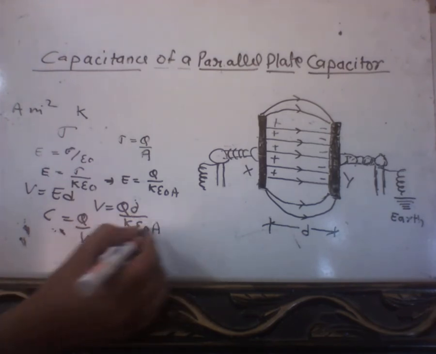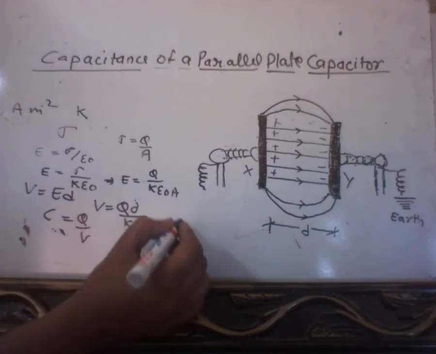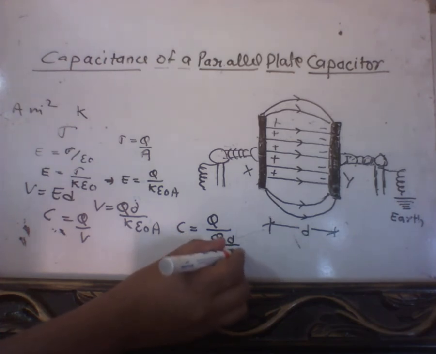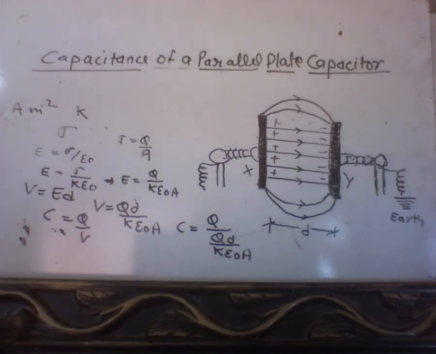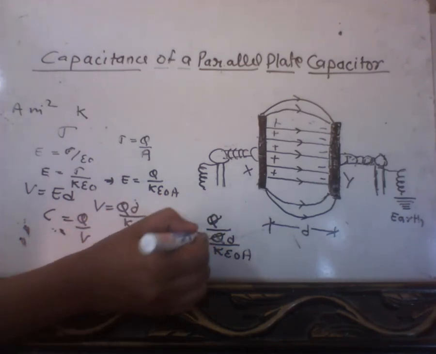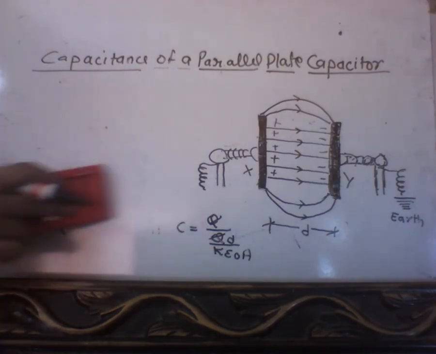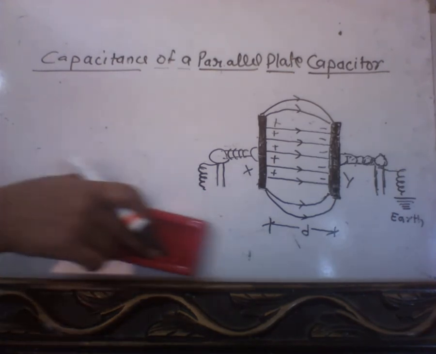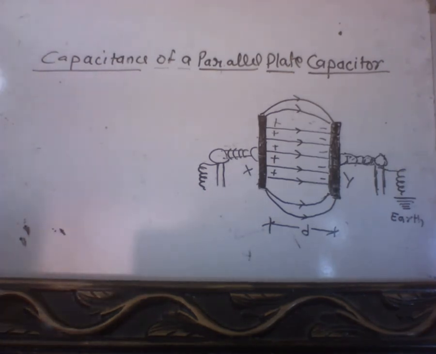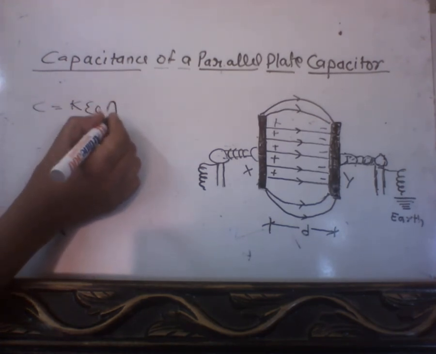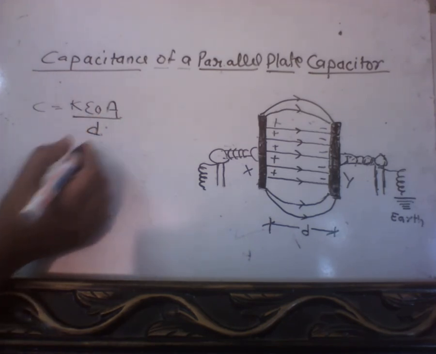On substituting this value, we will get C equals Q upon Q d upon K epsilon naught A. Now this Q will cancel Q, so we will get C equals K epsilon naught A by d.